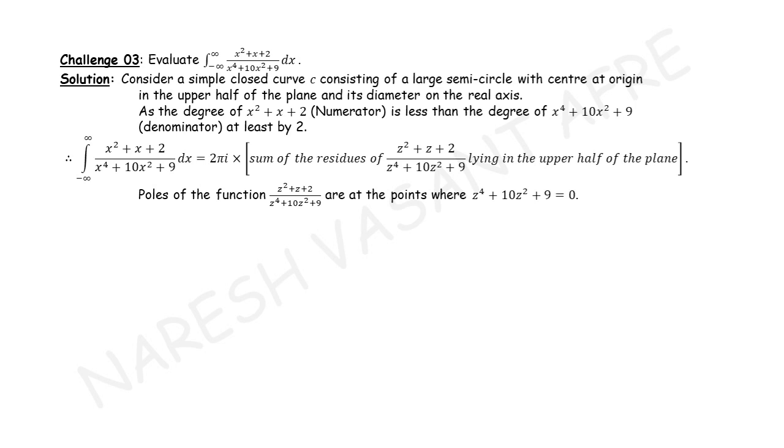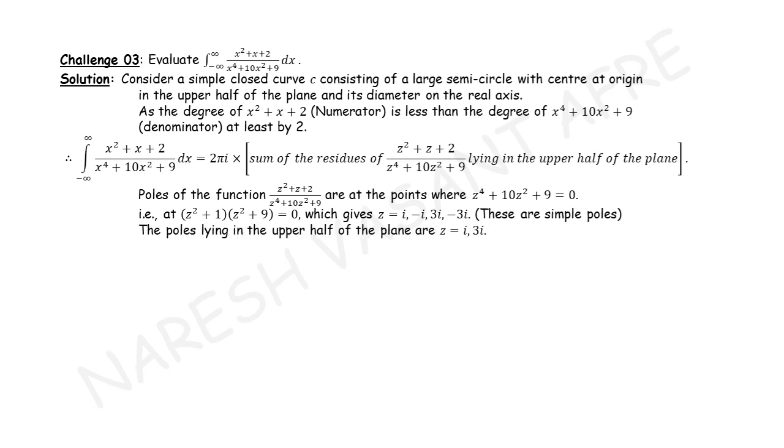The denominator becomes 0 at i, minus i, 3i and minus 3i, and these are simple poles. Out of these, i and 3i lie in the upper half of the plane. So we will find residues only at these 2 points. So residue at i is (1 plus i) divided by 16i, correct?